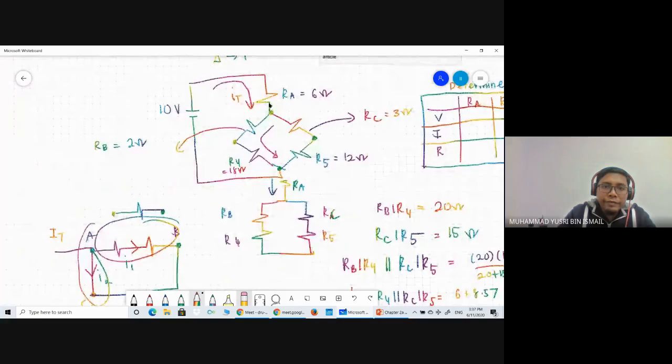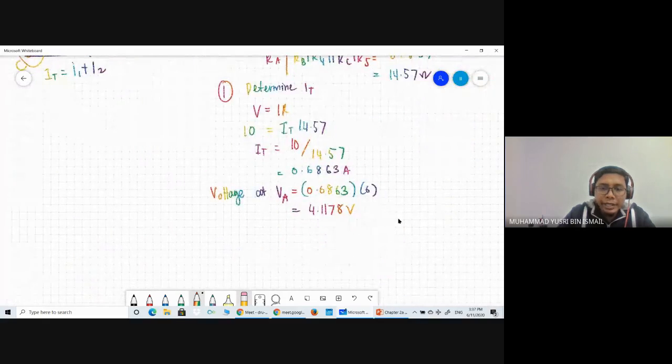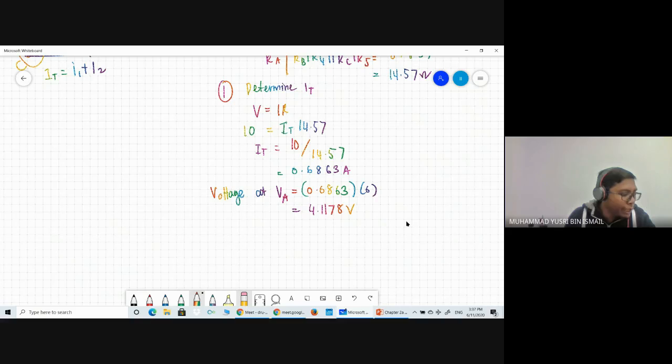So you already have the value of voltage here, which is 4.1178. Okay. So what is the voltage at VB, VC, V4 and V5? It must be VB plus VC plus V4 plus V5 equal to 10 minus 4.1178.